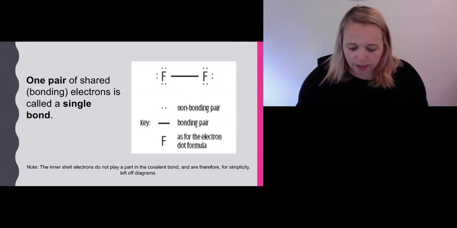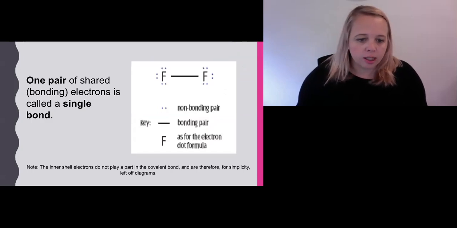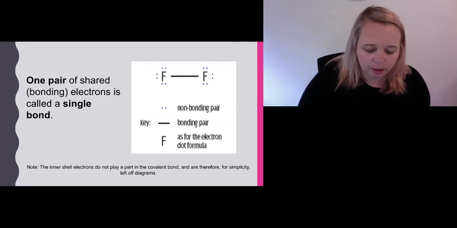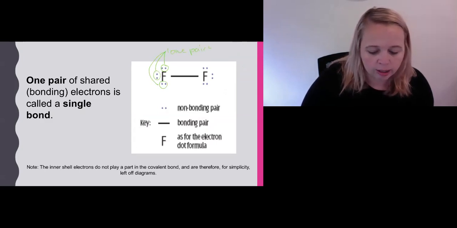Let's have one last little look at the rest of our notes here. You can see here is a picture of fluorine. You can see that you've got lone pairs out here. You can show a single bond by just doing one line. So the bonding pair here, this is a single bond.